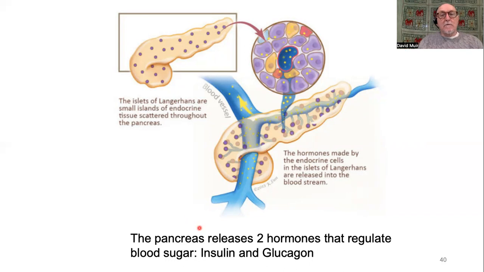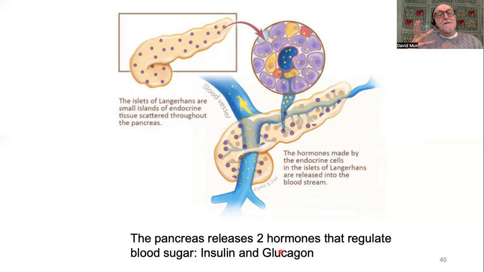What insulin does is it causes all the cells of the body to take up glucose. When glucose is in high concentration in the body fluids, insulin is released and causes cells of the body to take in the glucose, so that the blood glucose level drops. When the blood glucose level drops too low, then this hormone called glucagon is produced.